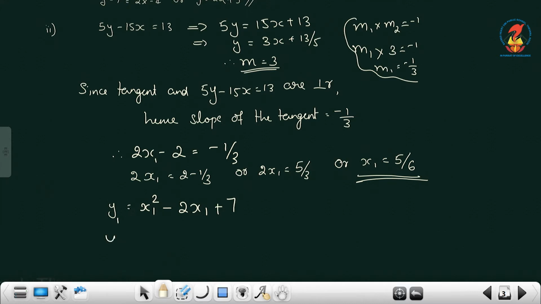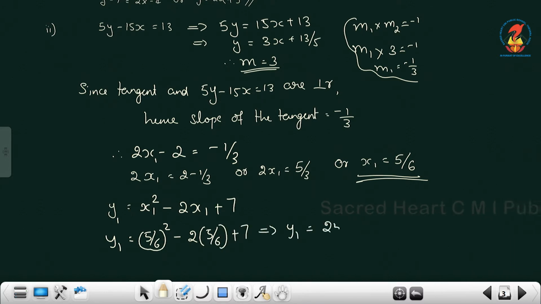Okay. So, y1 is equal to x1 square, that is 5 by 6 whole square, minus 2 into 5 by 6 plus 7, which implies y1 is equal to 25 by 36 minus 10 by 6 plus 7.